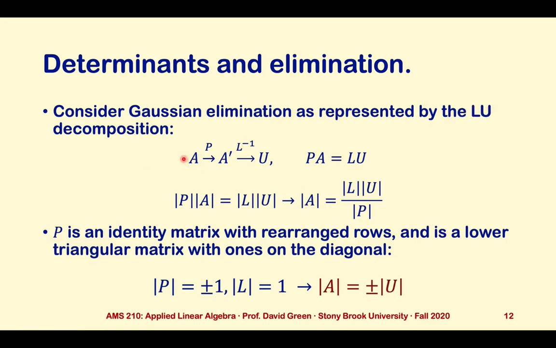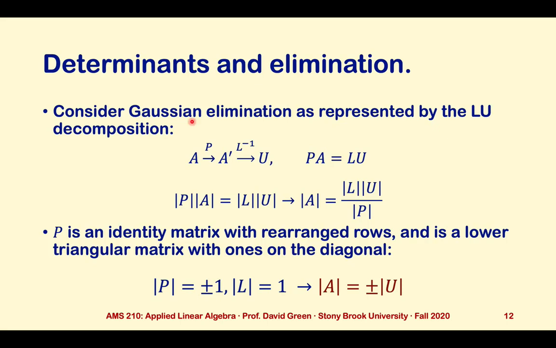We take a matrix, we apply some row exchanges to get a matrix A prime, then we apply elimination steps to reach an upper triangular form. And we represent this as PA equals LU. As long as A is square, U will be square. P and L are always square, and have the same number of rows as A.